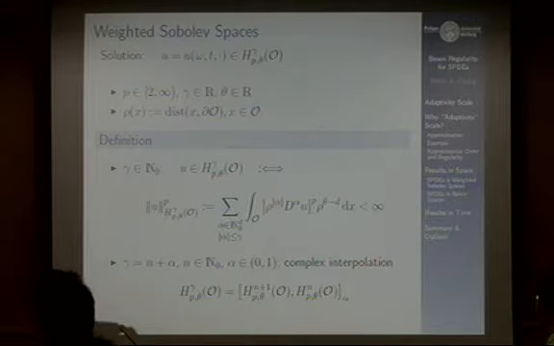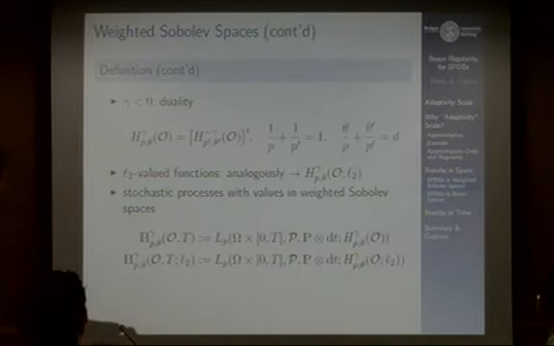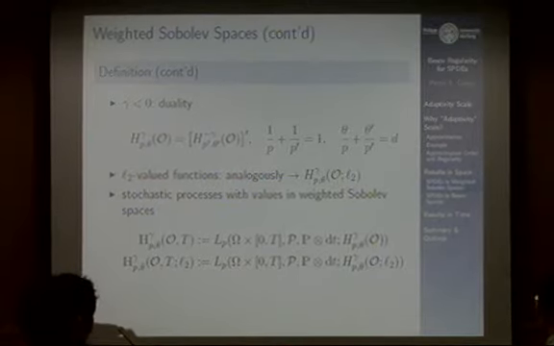For non-integer gamma, we can define the spaces by complex interpolation, and for negative gamma we can introduce them by duality. Actually, we presented yesterday equivalent definitions to these ones.